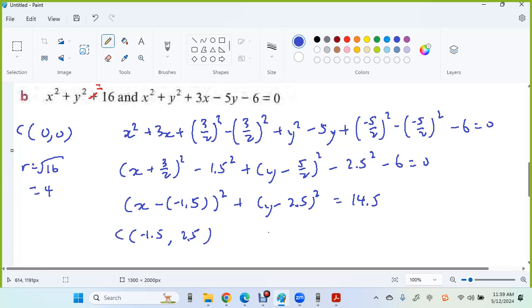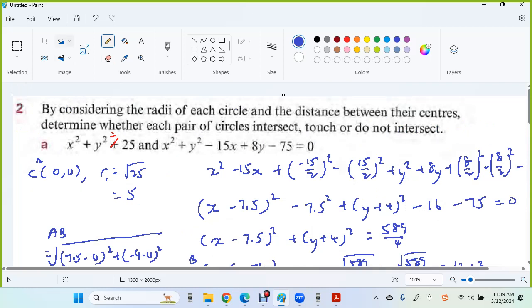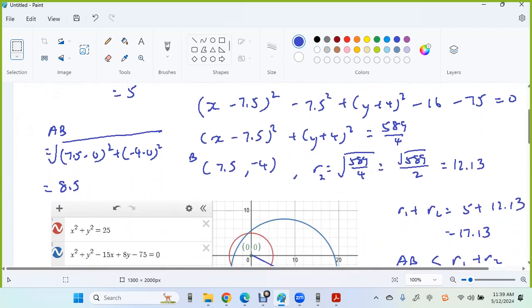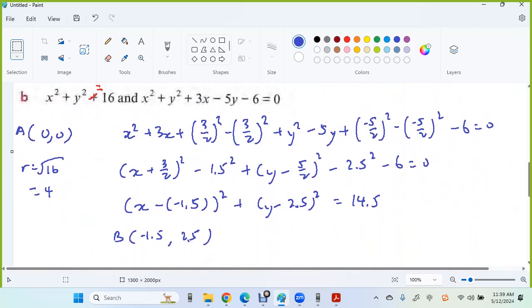I will call this B, and this one I call A. Just now this one also same, instead of C, I will say it is A. A is the center of the first circle.